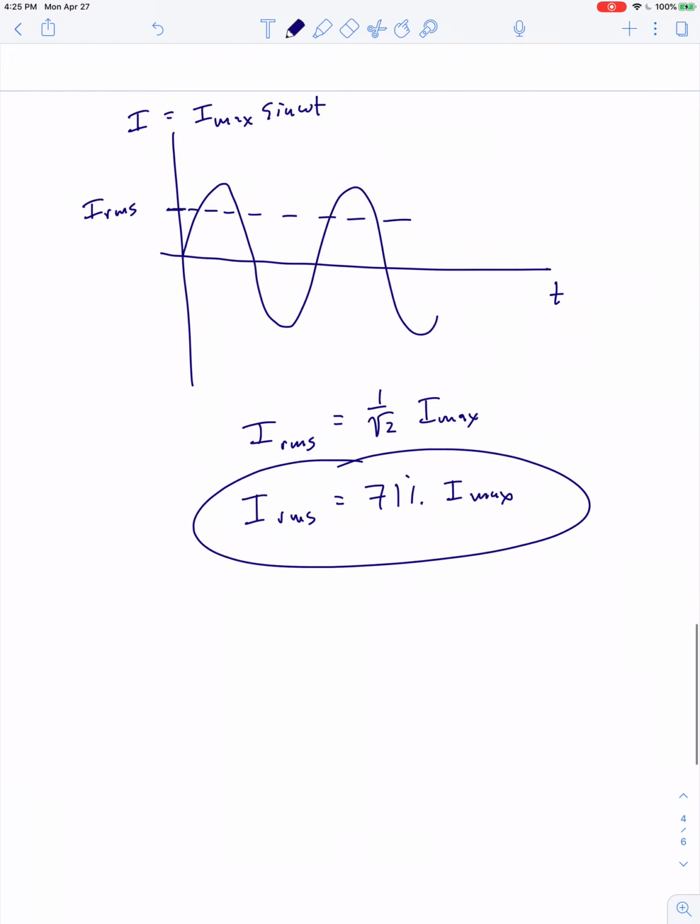Okay, and just to remind you what we showed earlier, RAV, rectified average value, would be more like 64% of I max.